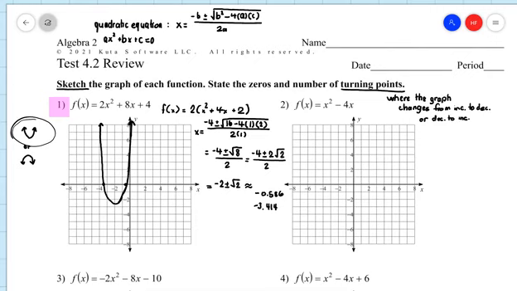So wherever the graph changes direction, that's a turning point. And so if we're following along on our graph, we start over here, we're decreasing, and then all of a sudden we get to this point down here and we're increasing. So our graph has one turning point.